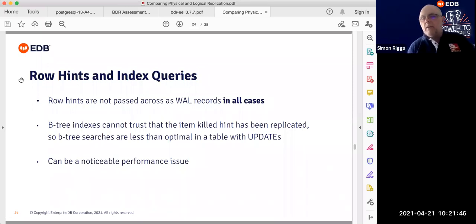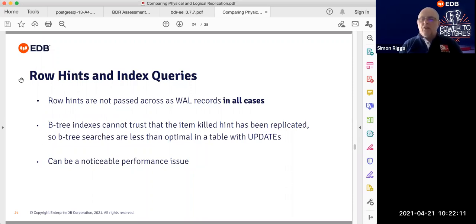But the point here is that we don't generate WAL records in all cases, okay? And we do generate them in some, in the sense that we will generate a full page image just for a hint if you have database checksums enabled.